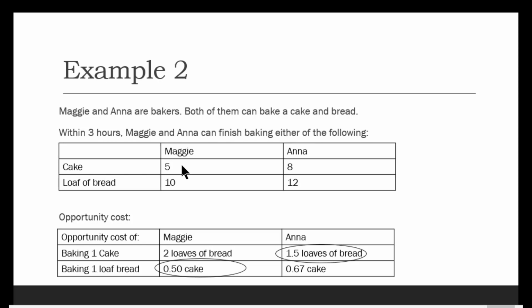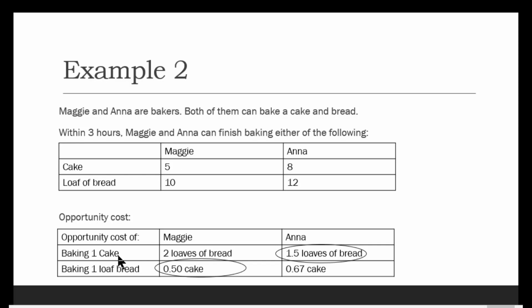Since within 3 hours, Maggie can bake 5 cakes, and also within the same time she can bake 10 loaves of bread, if she chooses to bake 5 cakes, what would be the opportunity cost of 1 cake?